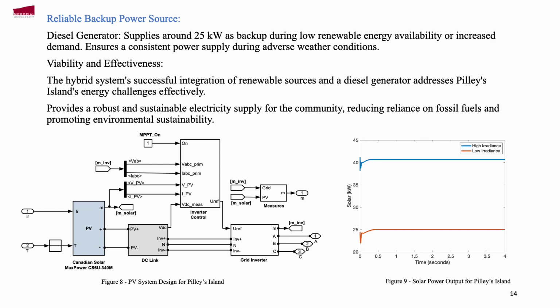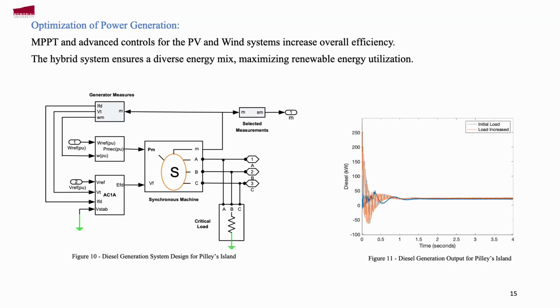Next, this is our generator, which we are using as a backup. It will only be used when there is less wind, or when we are not using the wind or solar system.